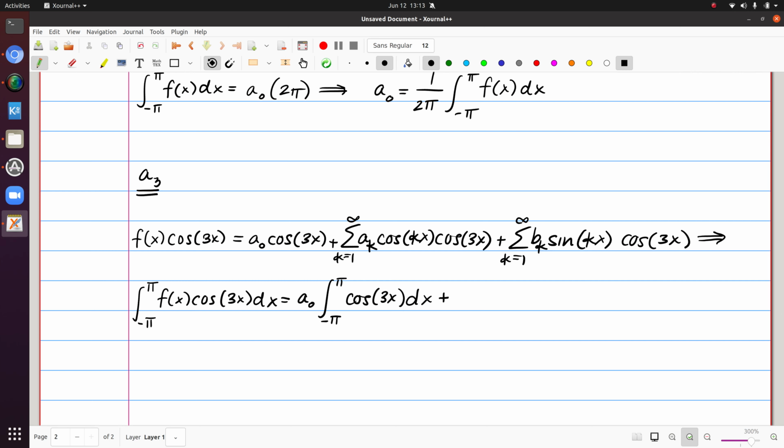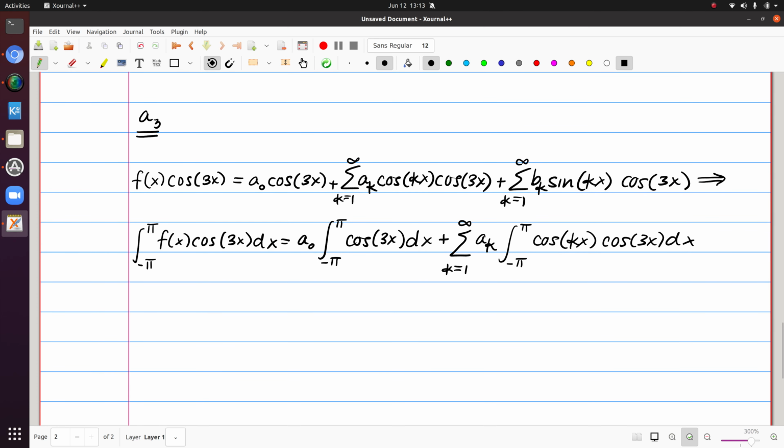Now I'm going to skip a step here because we already talked about it in the previous line. When I write the integral of the sum, I'm going to instead bring the integral inside of that summation, and likewise recognize that I can bring a sub k not outside of the sum, but outside of the integral that's a dx integral. That will leave a sub k multiplied by the integral from minus pi to pi of cosine kx times cosine 3x.